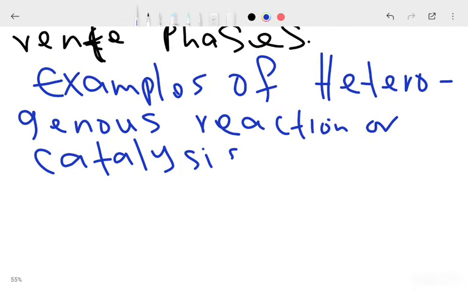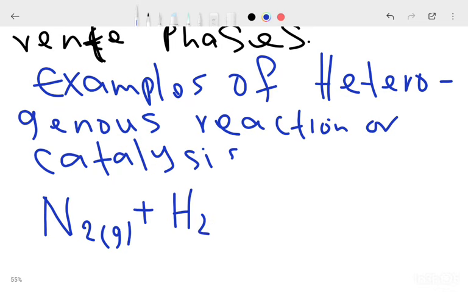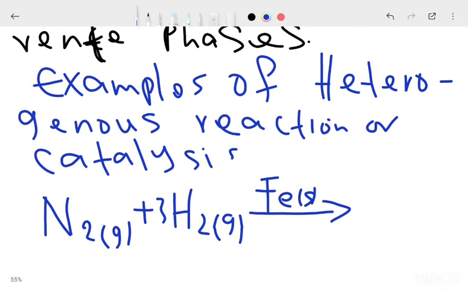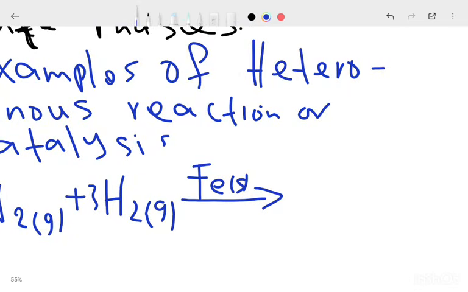Okay, now the first one is we have nitrogen, which is a gas, reacting with hydrogen, which is also a gas. The catalyst here is iron, which is a solid. Then this one is backward and just draw it like this. Then to give ammonia.